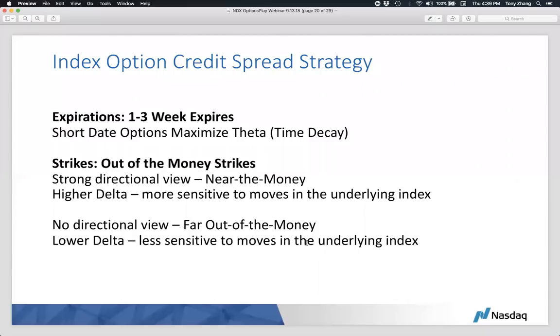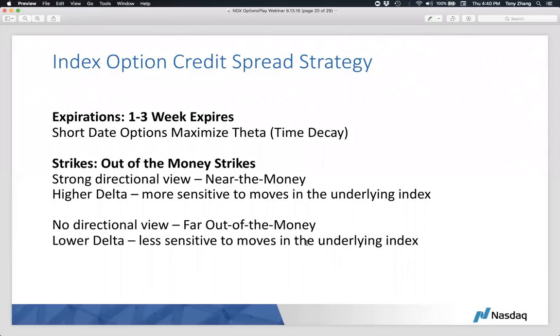So first of all, when we're talking about picking expiration dates, this is where selling credit spreads is fairly straightforward, because when you're selling credit spreads on index options, for the most part, you generally want to keep your expirations very, very short. Weekly options, anywhere from 1 to 3 weeks out, is typically where we see most credit spreads traded on indices like NDX.